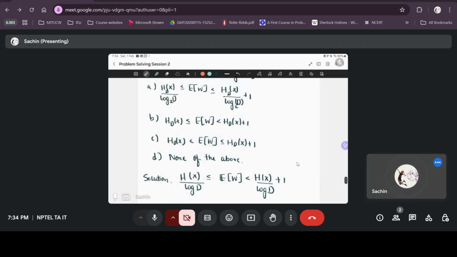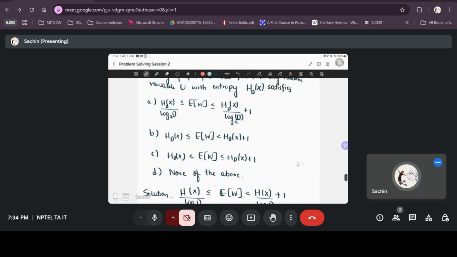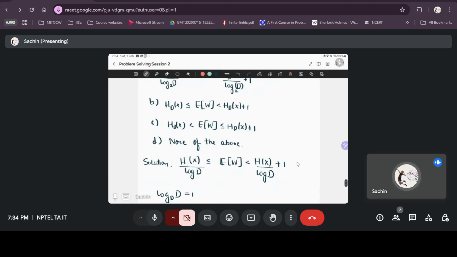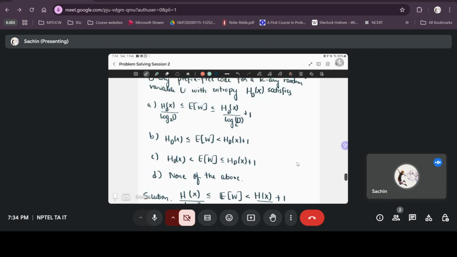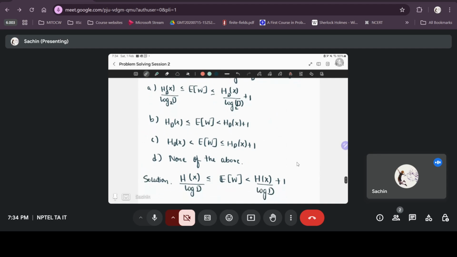It's an easy question. You just have to take the base of the logarithm to be D, and then remember which bound is exact and which is a strict bound, or which bound can be achieved and which one is a strict inequality.